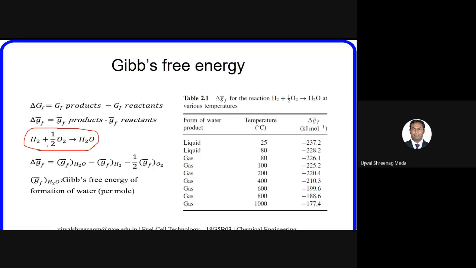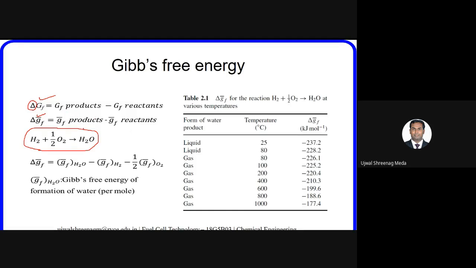Okay, so G, capital G, is the representation for Gibbs free energy, and subscript f indicates that it is Gibbs free energy of formation. So this delta is the change in Gibbs free energy of formation, and small g with an over bar indicates that it is the Gibbs free energy of formation per mole of substance.